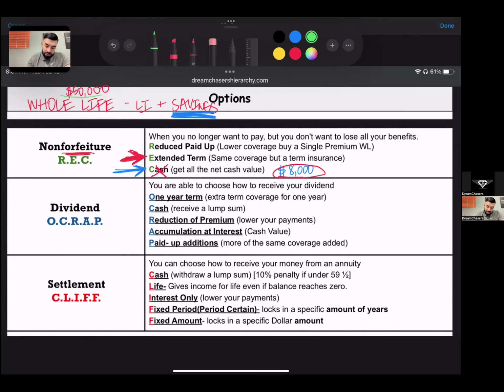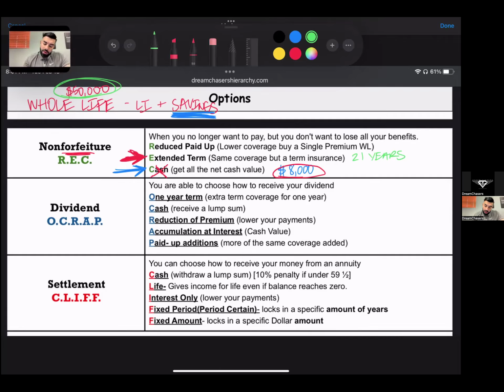So it's going to give you the same $50,000 worth of life insurance coverage, but for a term policy. So let's say that $8,000 buys a term policy for 21 years. That means you're going to have a $50,000 term policy for 21 years that you do not have to pay for, because they're going to use that $8,000 from the cash value to pay for it.